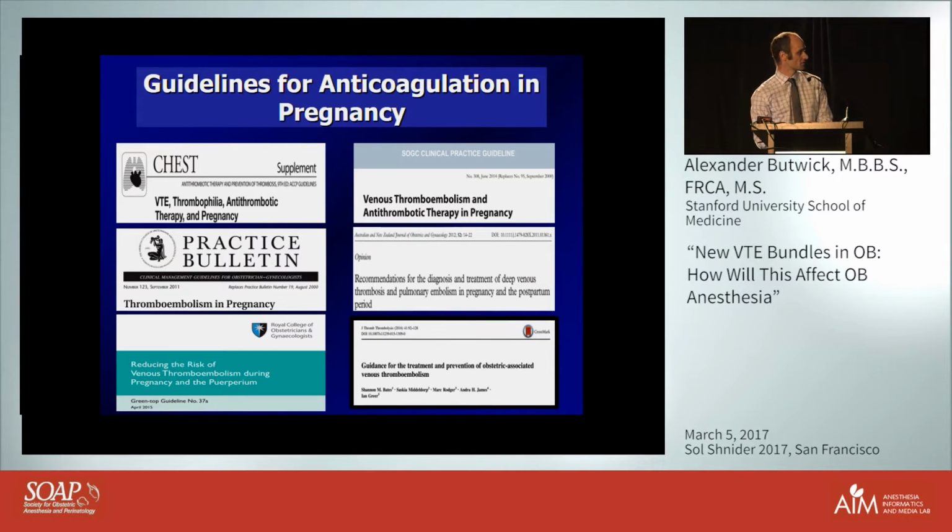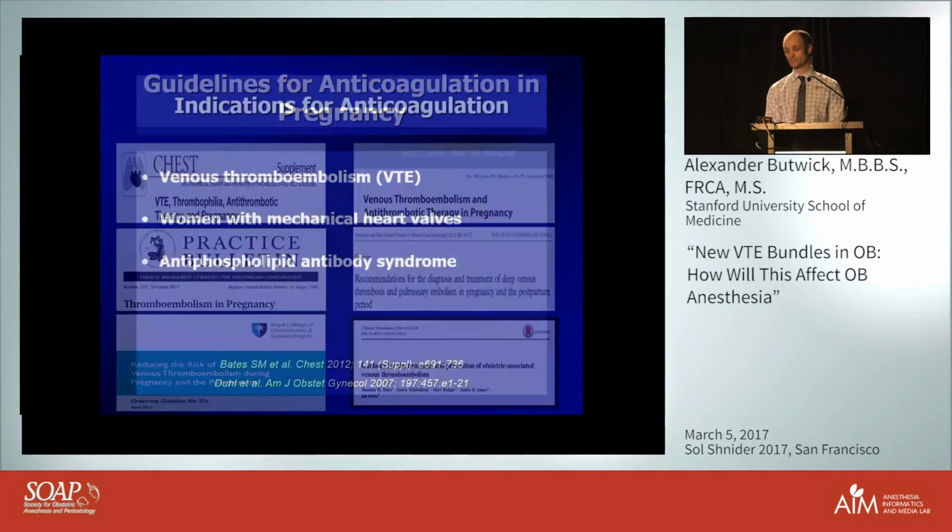At the bottom on the left is the top of the first page from the Royal College of Obstetricians and Gynecologists from the UK. Go to the top right column, SOGC, that's the Society of Obstetricians and Gynecologists of Canada. The middle on the right is the first page from guidelines from the group in Australia and New Zealand. So it's great. Obviously, there's international appreciation of the importance of trying to prevent and treat venous thromboembolism. And all the guidelines have been nicely pulled together by Shannon Bates in the reference that you can see in the bottom right-hand area of the slide.